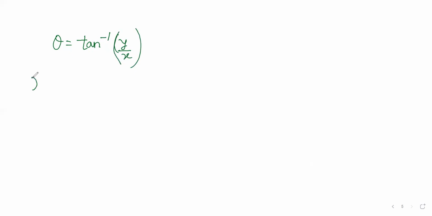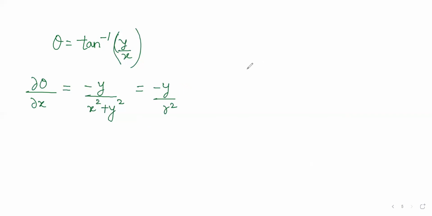So delta theta upon delta x will be equal to minus y upon x square plus y square, or we can write it as minus y by r square.